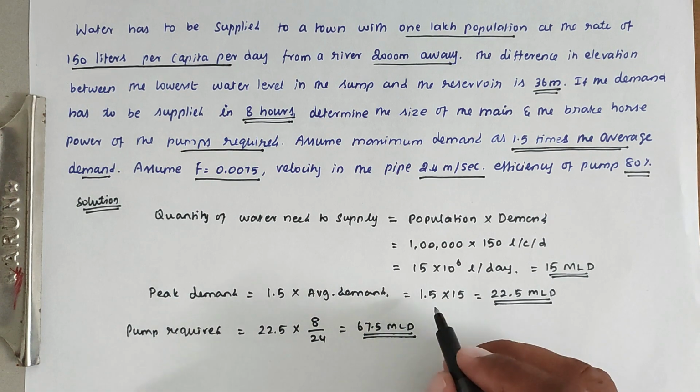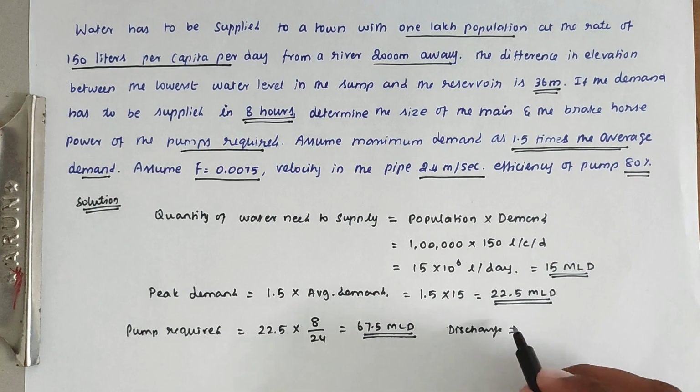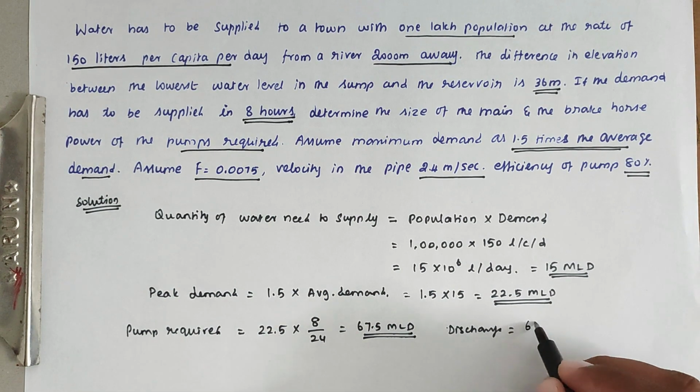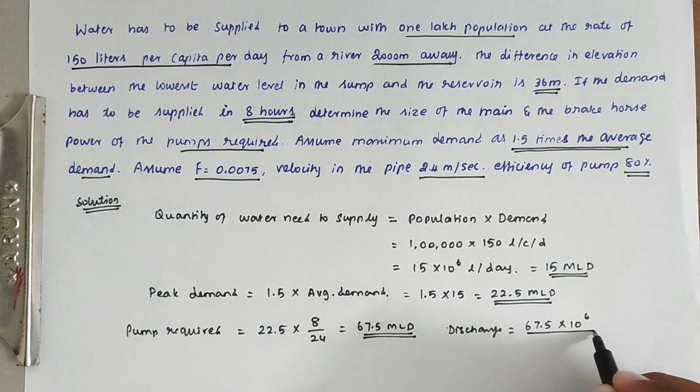Now the discharge per second. We convert into discharge in meter cube per second: 67.5 into 10 power 6 divided by 10 power 3 for meter cube, into 24 into 60 into 60. Solving this, we get 0.781 meter cube per second.